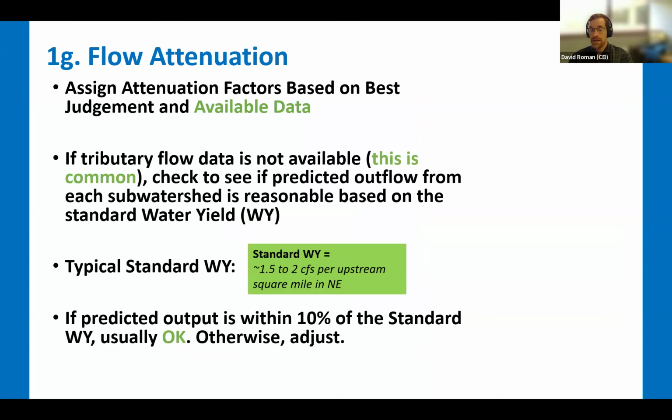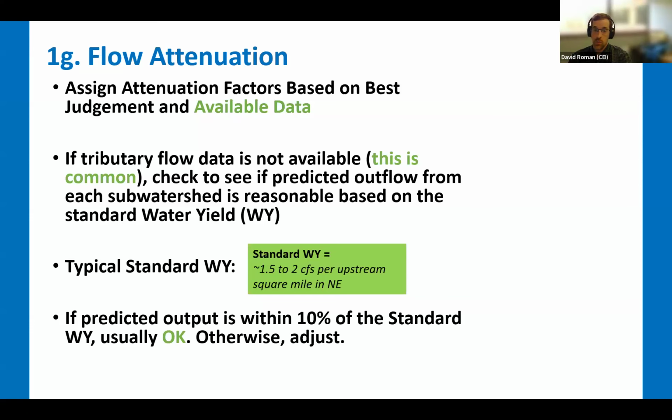If not, LLRM does incorporate the standard water yield. Again, this can vary widely for different watersheds, but it's a good rule of thumb or a very coarse estimate of how much flow on average could be generated.